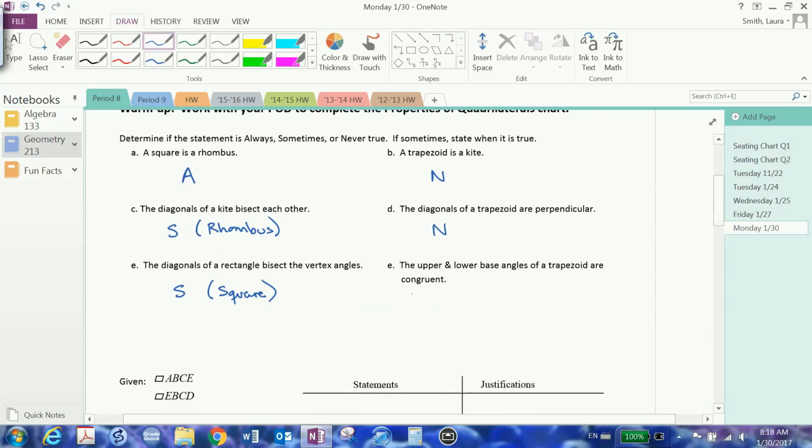All right, so part E, I don't know how to fix the wording on that, but there are 2 ways that you could be reading this. If you're reading this as the upper is congruent to an upper and lower congruent to lower, if that's the way you're reading it, then I would say that this is a sometimes, not just a trapezoid, but an isosceles trapezoid.